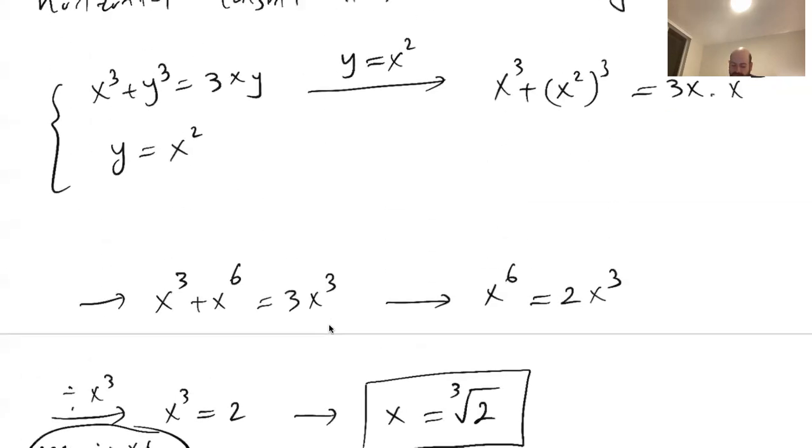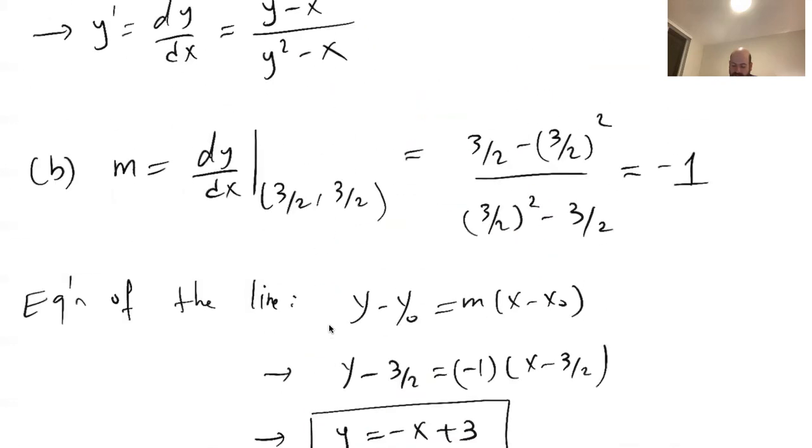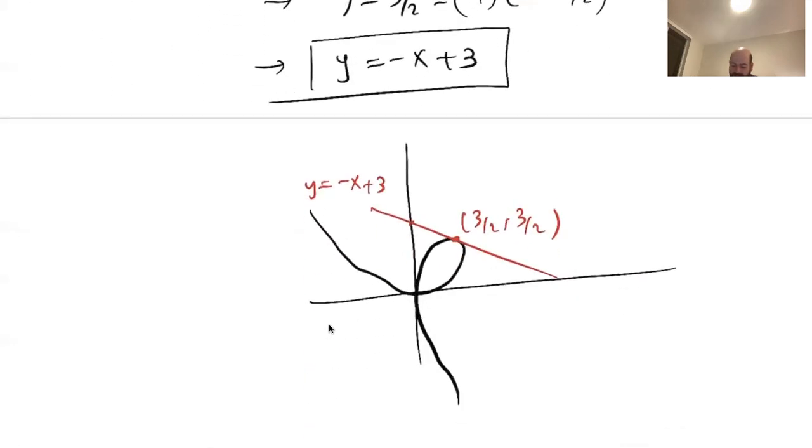Okay, so that's part C, the point with a horizontal tangent line on this curve, and you can also see it in the graph. So this is the point, which is basically the intersection of this curve with the graph of y equals x squared.